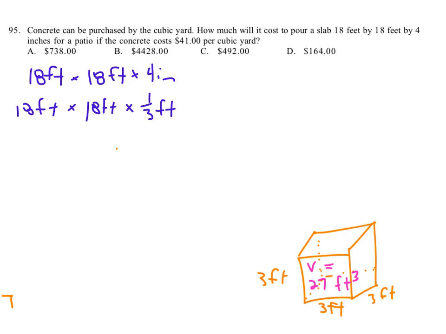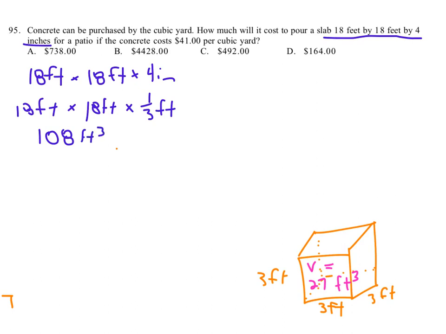Okay, so let's calculate this. We can say 18 times 18, then times 1/3, or divided by 3, is 108. So you're pouring a concrete slab that is 18 feet by 18 feet by 4 inches, and when you multiply all that together to get the volume, it works out to be 108 cubic feet.